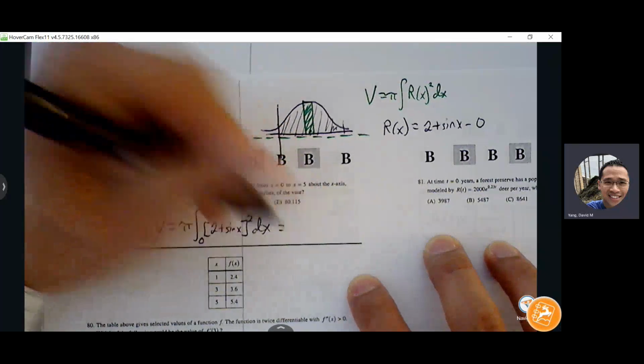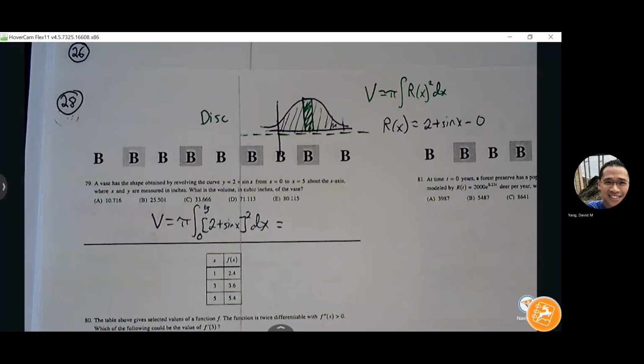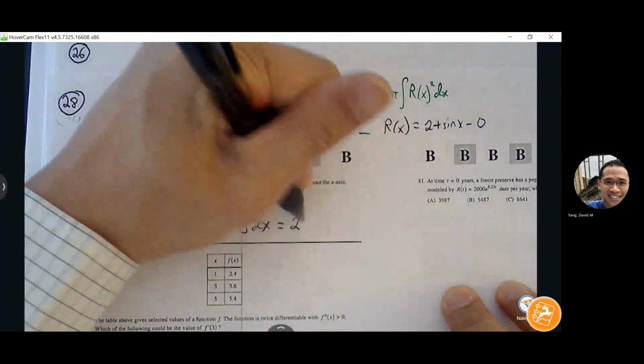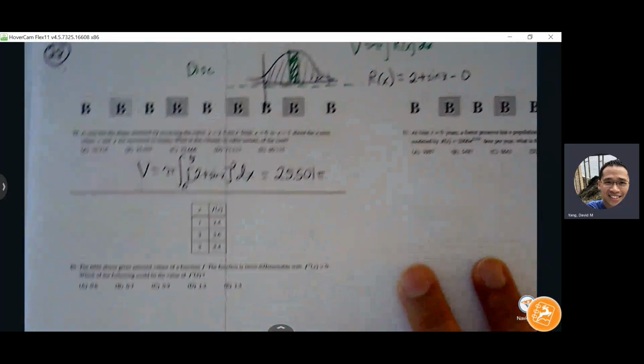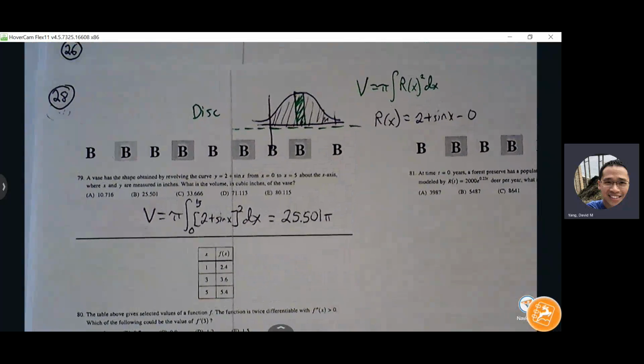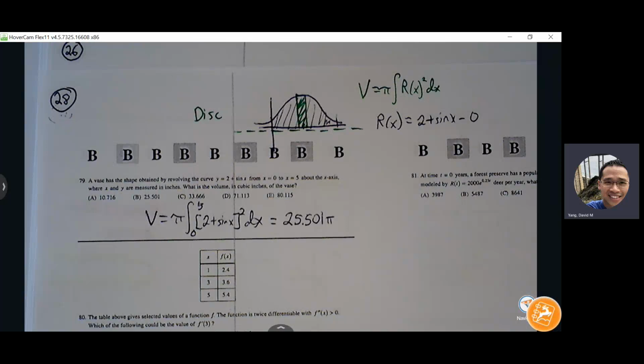So 0 to 5, good, 2 plus sine x squared. Normally, I would include the pi by itself, but in this case, it looks like they're multiplying that pi through. So 25 times pi is going to be around 80.